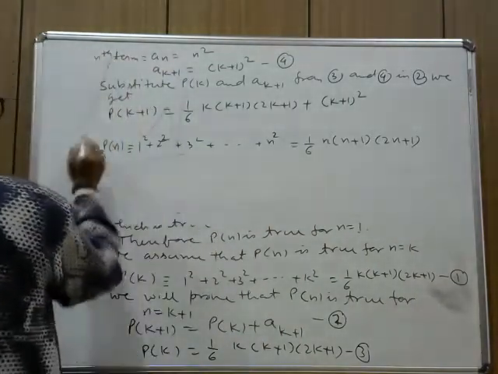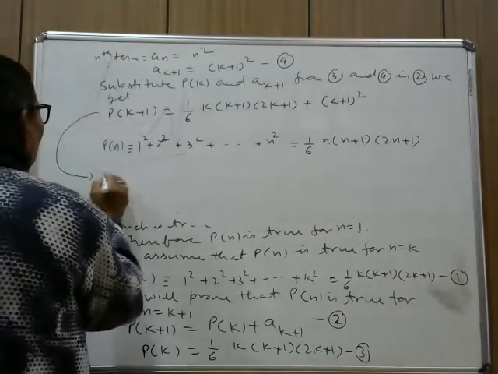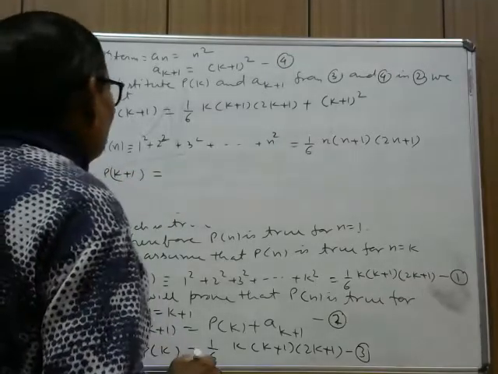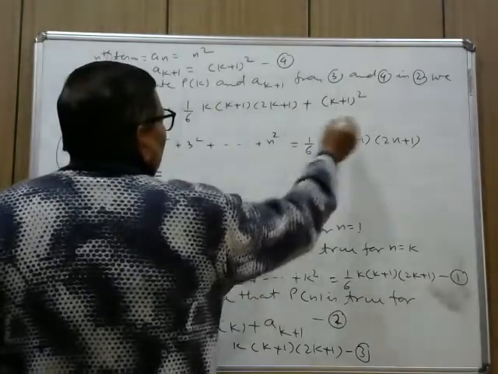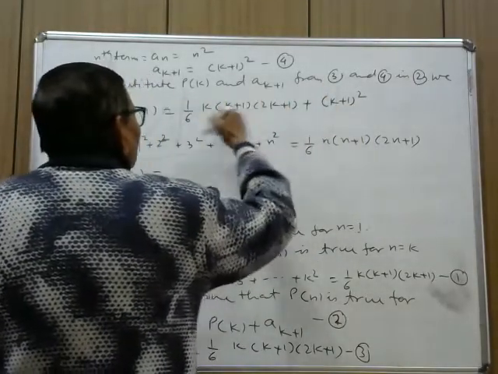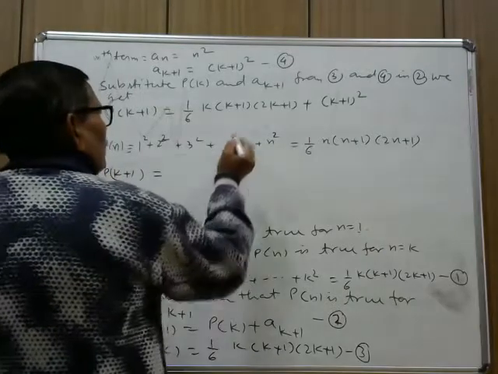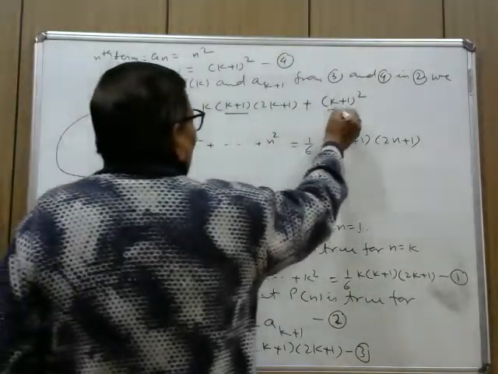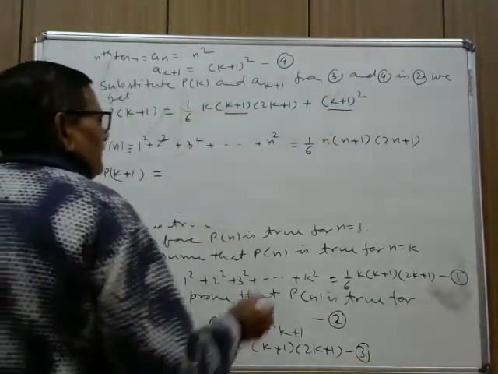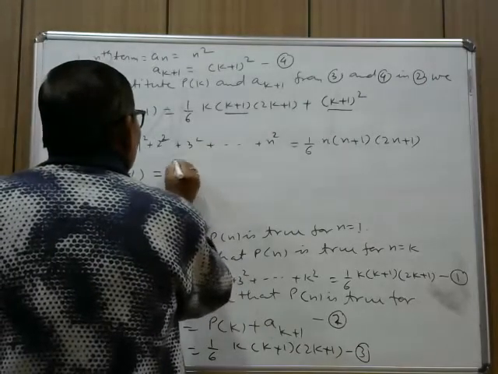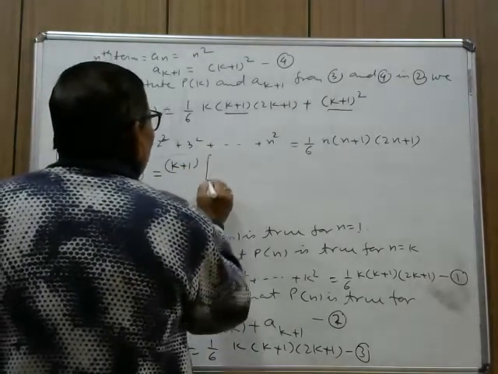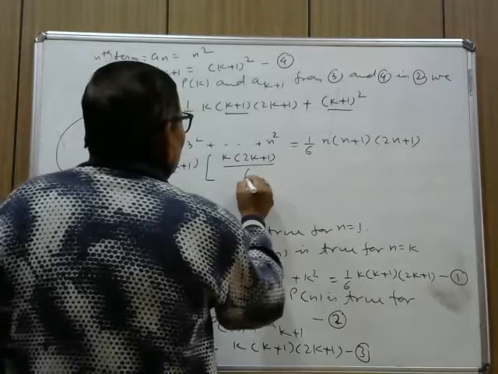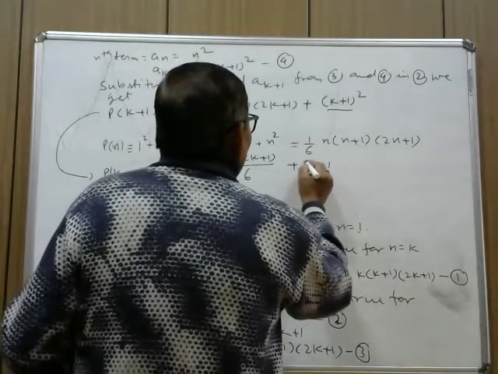After this you follow this step. P(k+1) equal to, you have to simplify this algebraic polynomial. So you find out the common terms in both the terms. (k plus 1) is present in both the terms, so it is common. Take out that (k plus 1) in bracket: k into (2k plus 1) upon 6 plus (k plus 1).